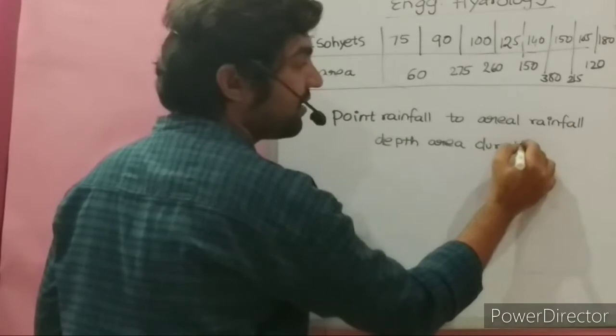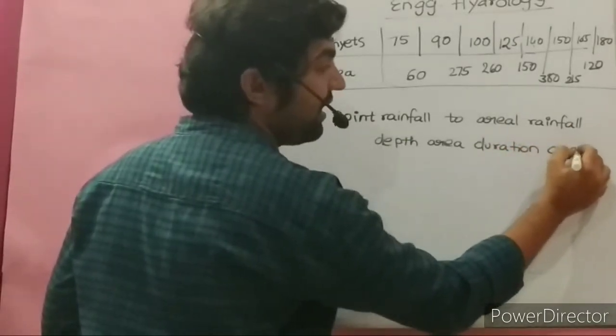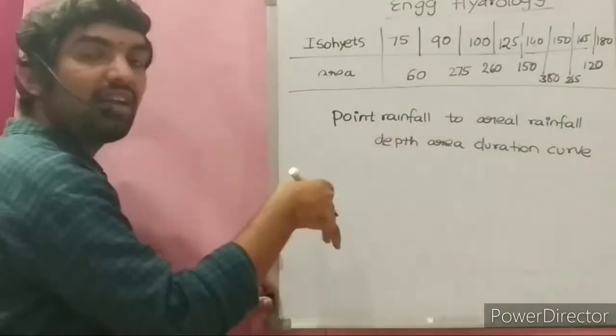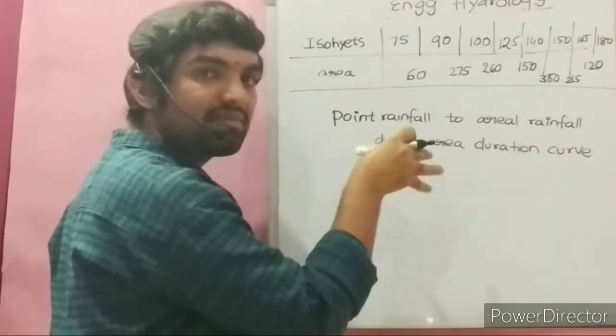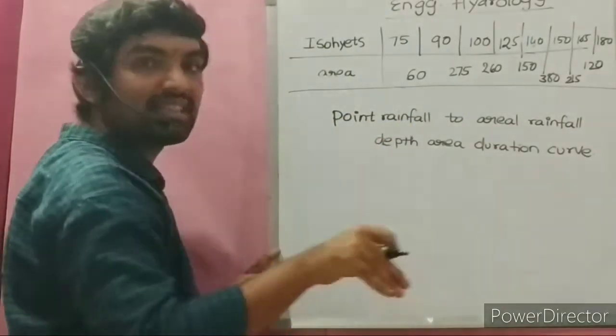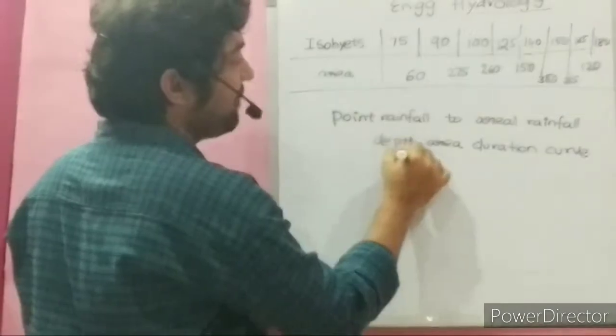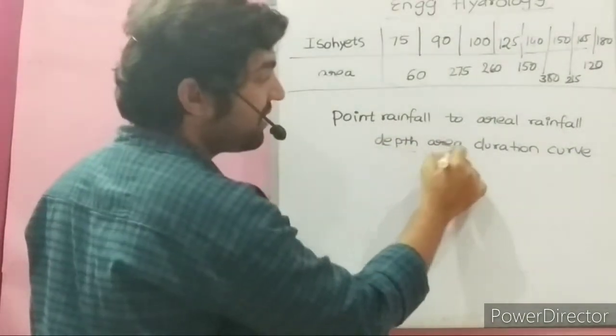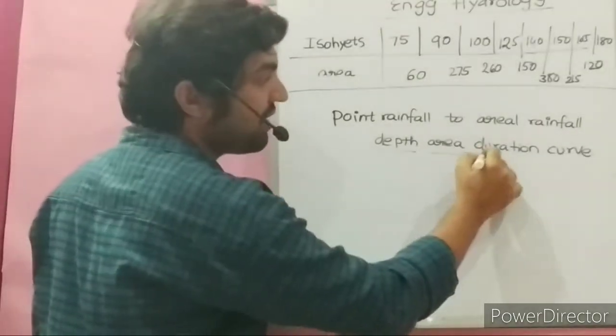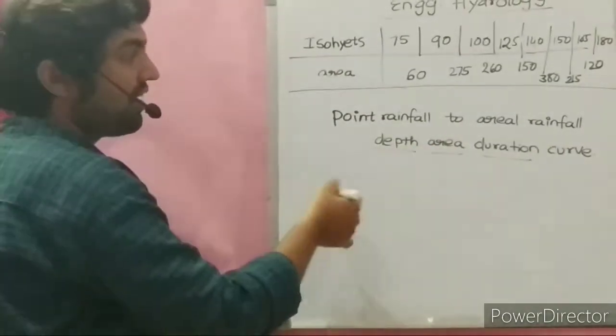Very important. Even in interviews, people typically ask about these points. Depth means rainfall depth, area means catchment area, and duration means rainfall duration. Depth area duration curve.